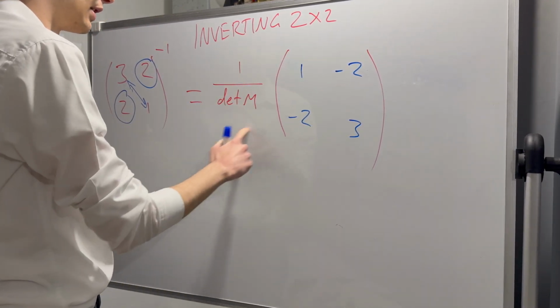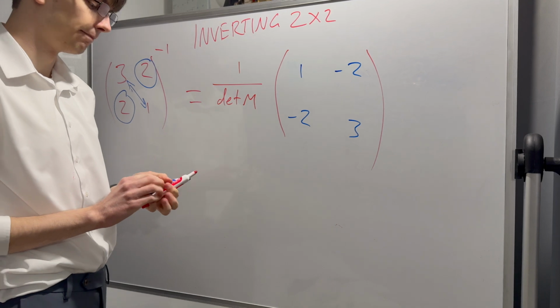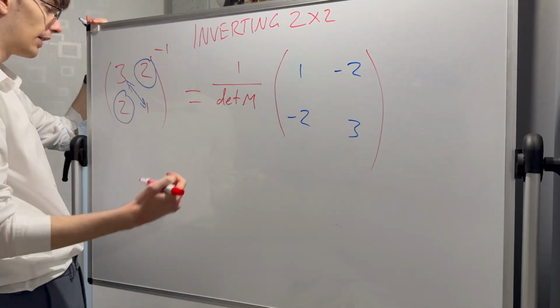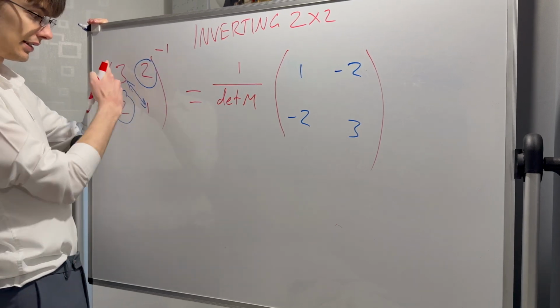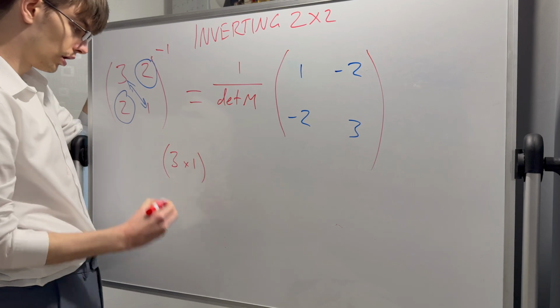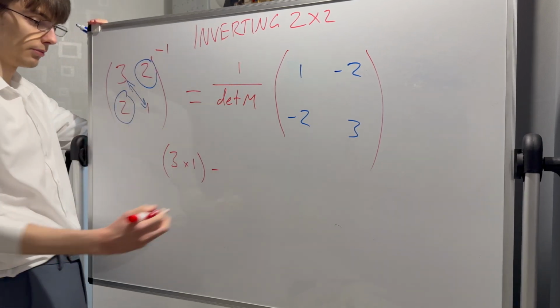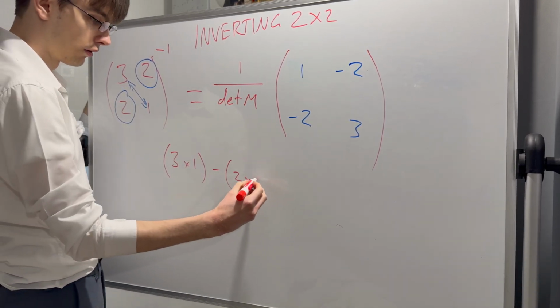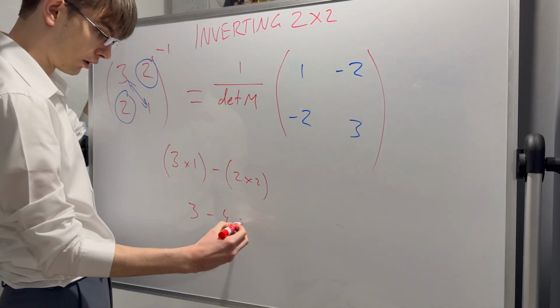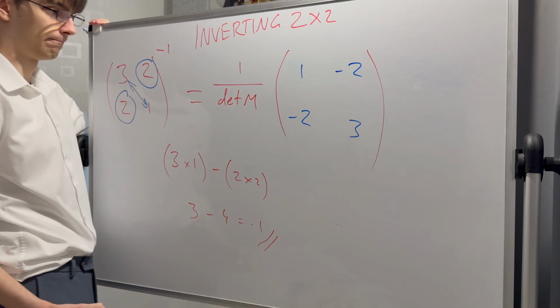Now I need to find my determinant. If we remember, the determinant of a 2 by 2 matrix is A times D, so 3 times 1, minus 2 times 2, which is 3 minus 4, which is -1.